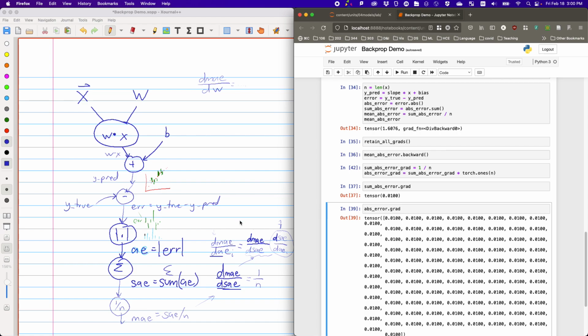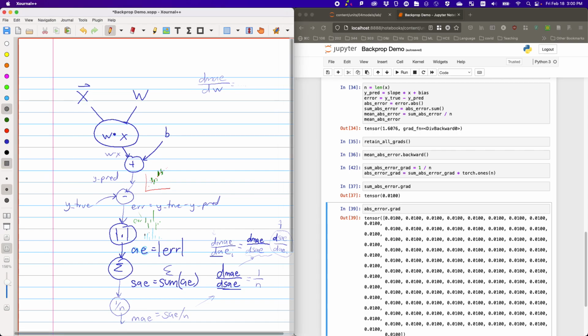So let's think about what that would mean. If we were to increase, let's wiggle this one up a little bit. That's going to increase the absolute error, and we've just figured out how much that is. That's already just 1/n. But if we wiggle this one up a little bit, the one that was negative, then that decreases our mean absolute error.